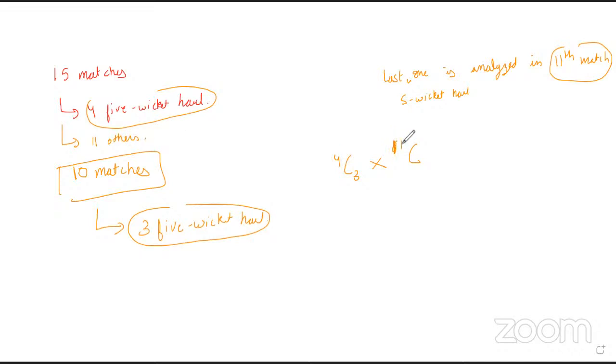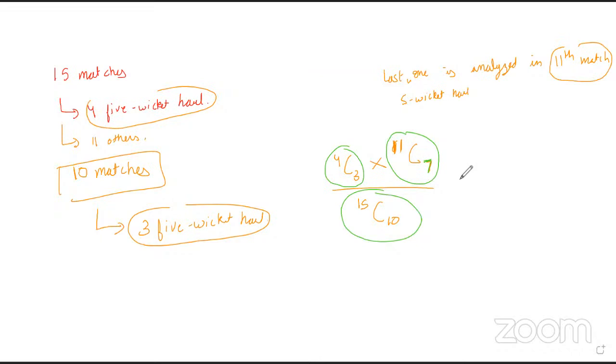So out of these 11, I need to select 7. 10 matches analyzed, right? 15C10. So your total number of ways to analyze 10 matches of these 15 is 15C10, right? And in these 10 matches, I need 3 5 wicket haul matches and 7 others, right? Is it clear till this step?